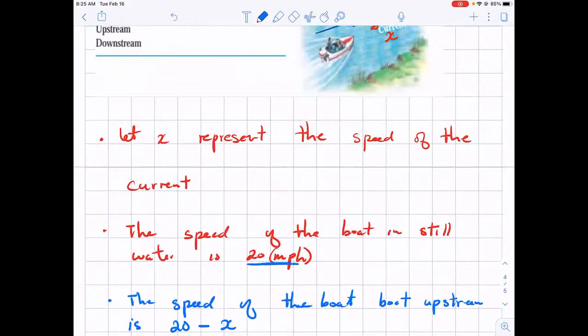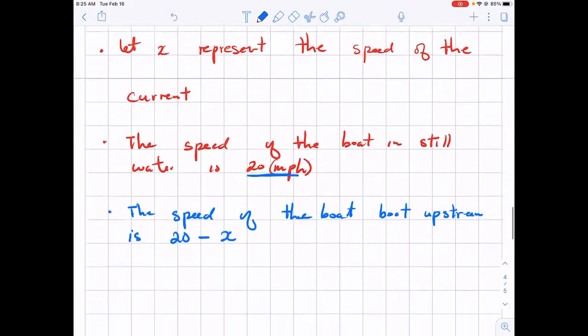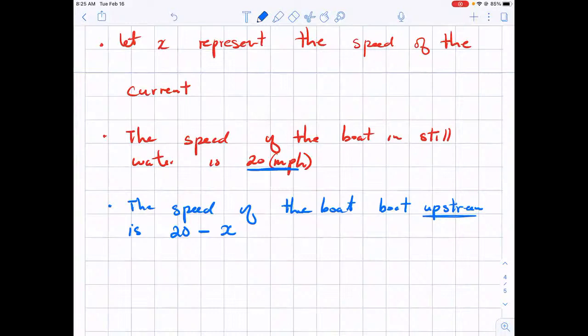Since you're going against the current, you have some resistance.